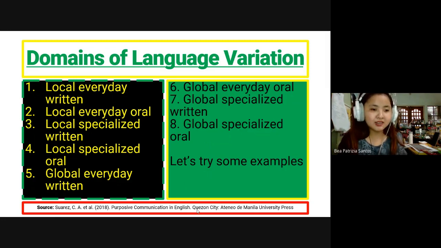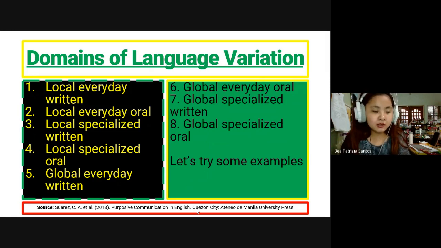Number 7, these are the communication you see in international research journal articles. So in contrast to the magazine and newspaper articles, since journal articles are technical, there are no local colloquialisms.